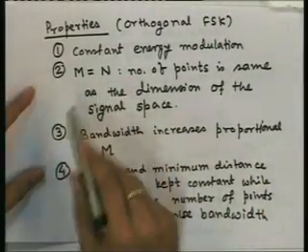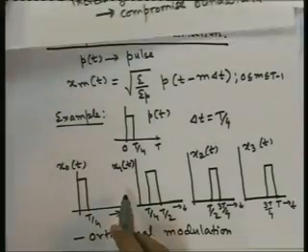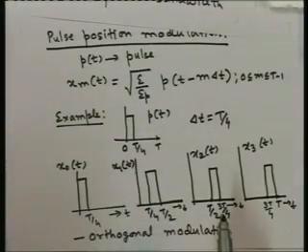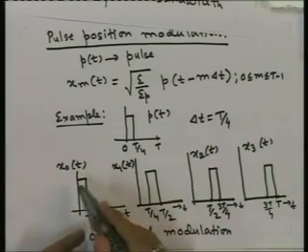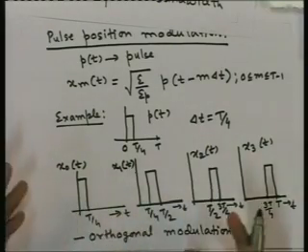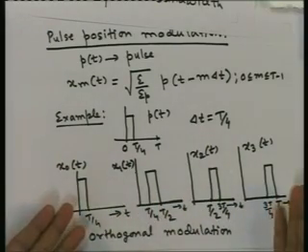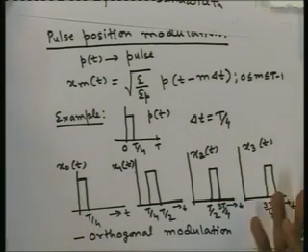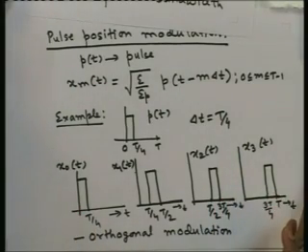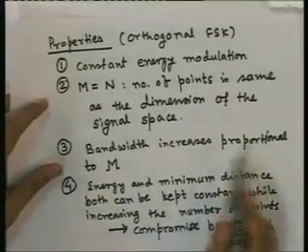The dimension is again the same as the number of points, because they are all orthogonal to each other. You have to scale them appropriately to get the basis. You will get 4 orthonormal basis vectors, and the constellation will be exactly the same as FSK modulation. Then bandwidth increases proportional to M.